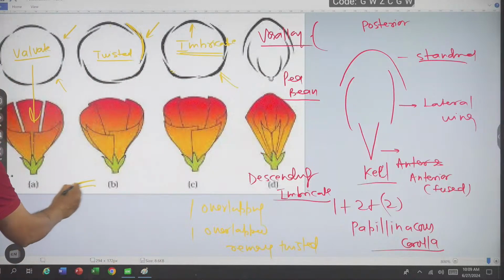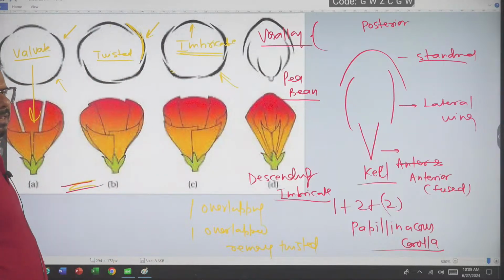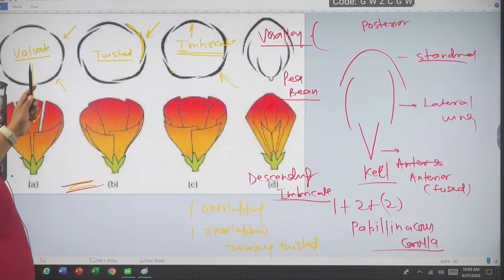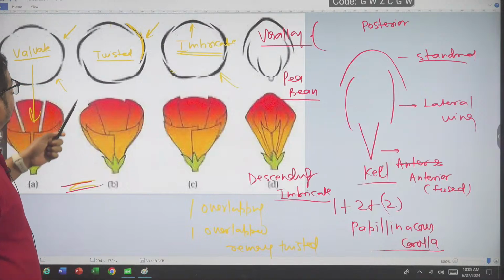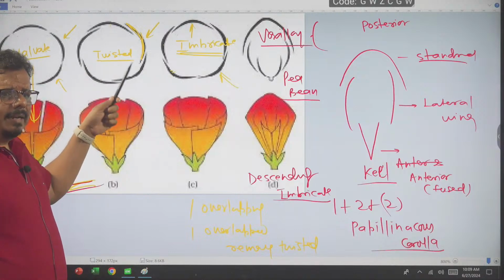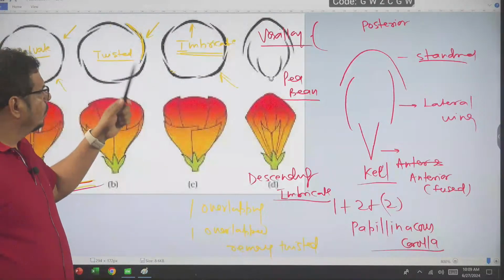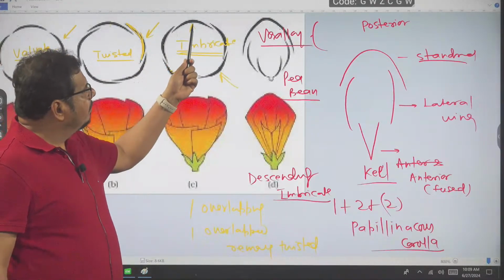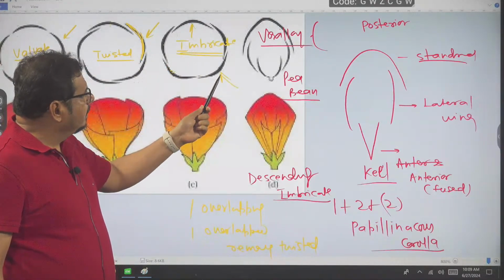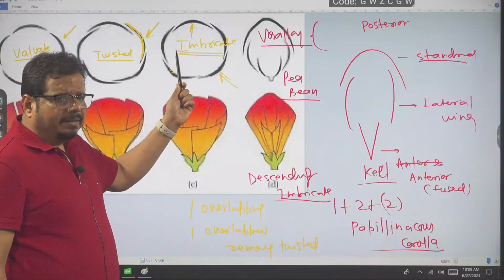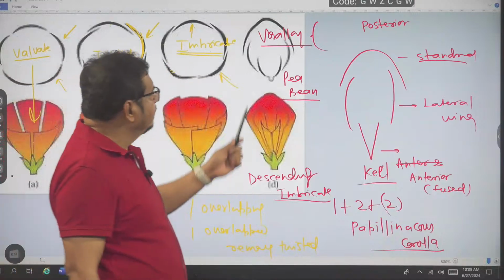So these are the types of aestivation mentioned in your textbook. The examiner can ask you to identify: when no overlapping, valvate; when everyone is overlapping the others and also gets overlapped by another, it is twisted; one completely overlapped, another completely overlapping, and the remaining twisted, it is imbricate.